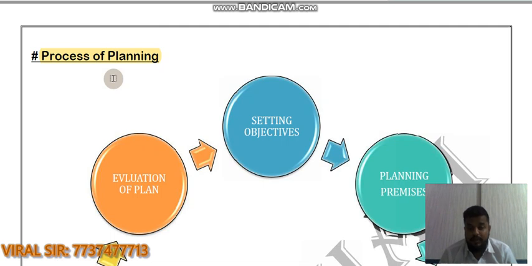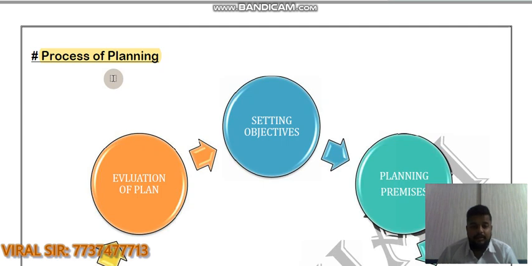So the first step should be setting objectives, then the following steps should be followed properly. We need to take this care while studying and also while writing in the examinations. In the rest of the topics, in characteristics you can bring any point up, you can take any point down, but in this we need to take proper care.